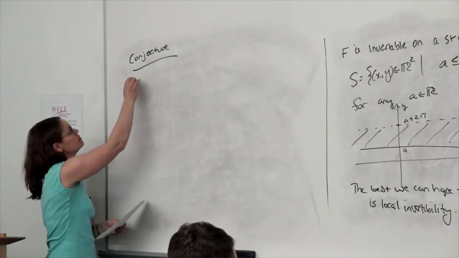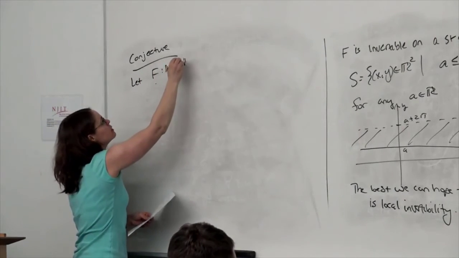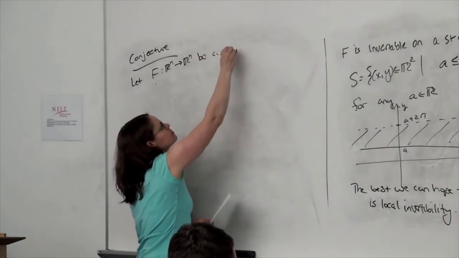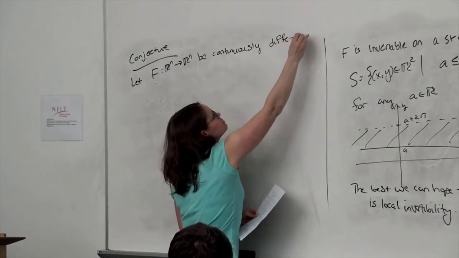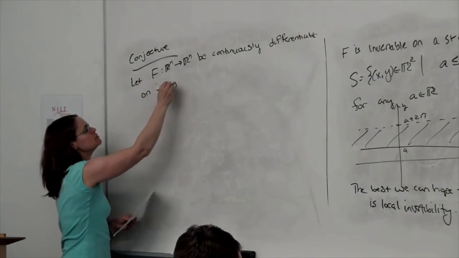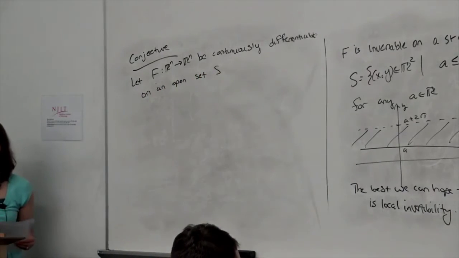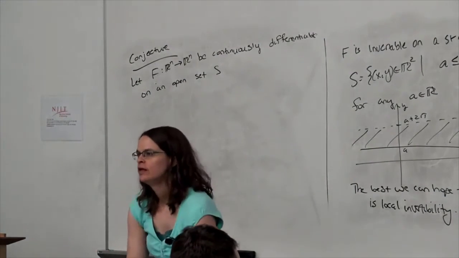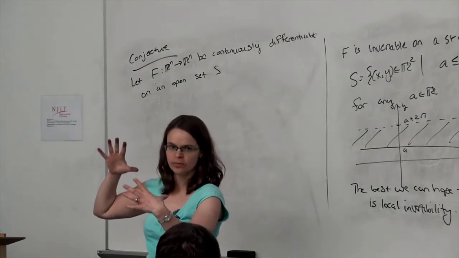Okay, so let's start with a function f that is continuously differentiable on an open set S. Why an open set? An open set means it's guaranteed to take up space, take up actual volume in Rn.